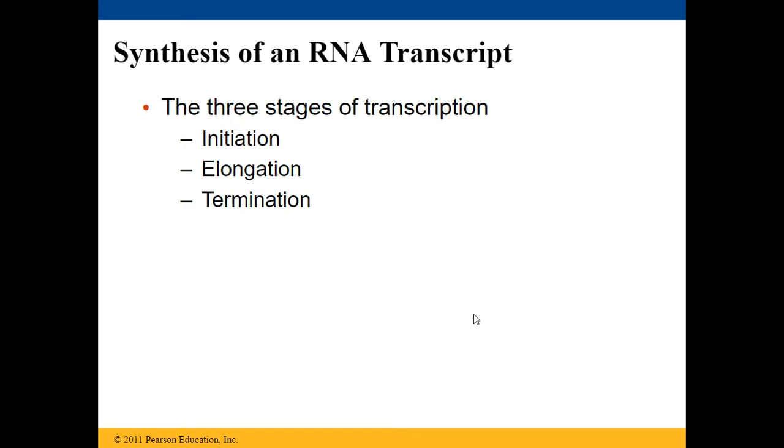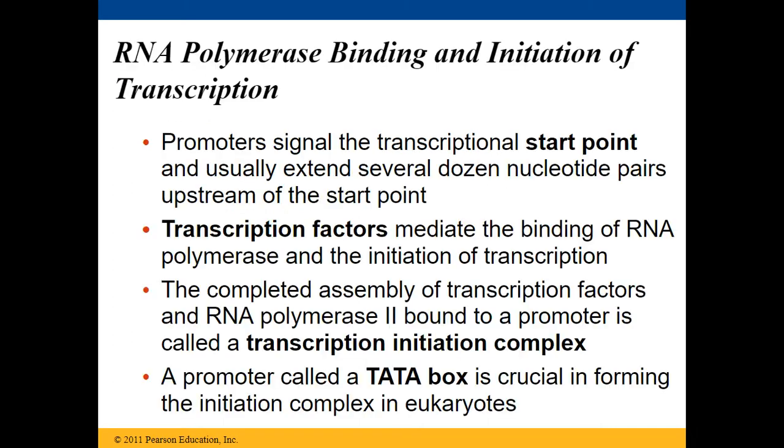The synthesis of the RNA transcript happens in 3 different stages. So we have initiation, elongation, and termination. RNA polymerase is the binding and initiating system of the transcription process. Promoters on the DNA signal the transcription start point and usually extend several dozen nucleotide pairs upstream from the start point.